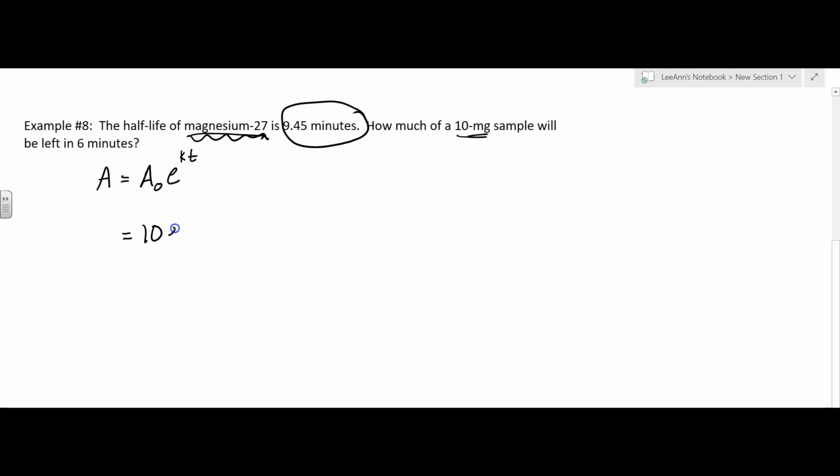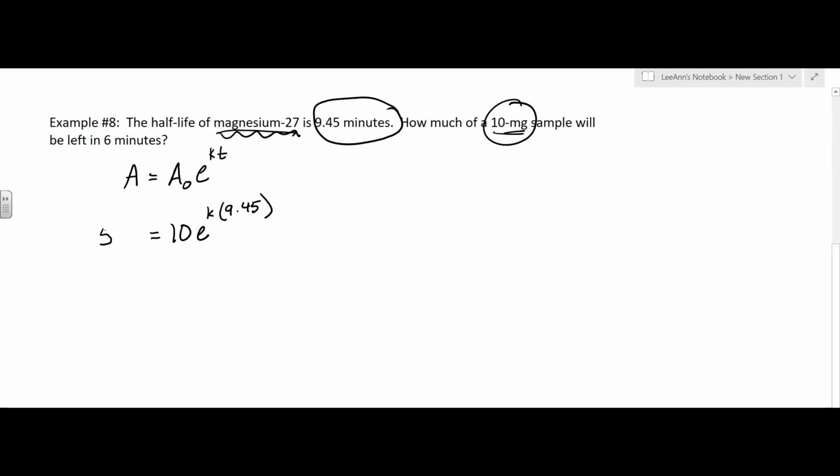And e is e. k we don't know. But the time is 9.45 minutes. How much do we have after that 9.45 minutes? Well, remember, we started with 10, so then we would have half of that, which would be 5. Whoops, my screen's moving. Okay, so there's our formula.